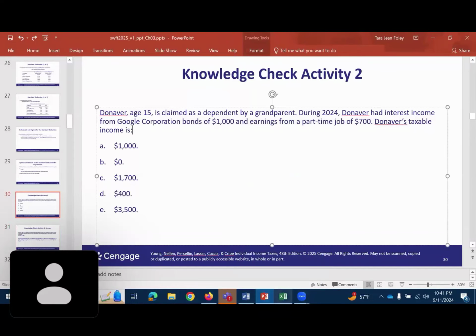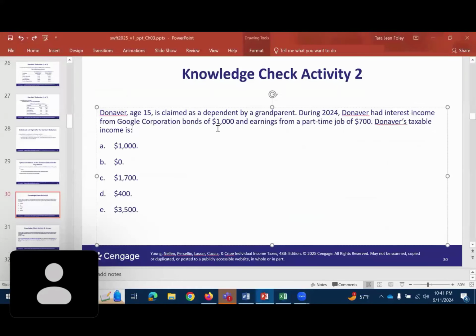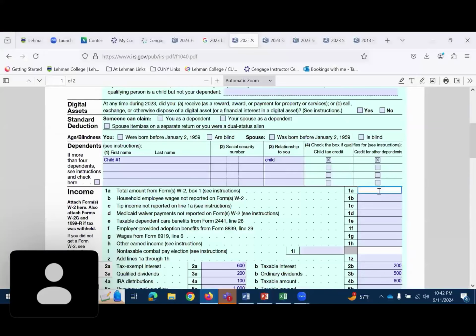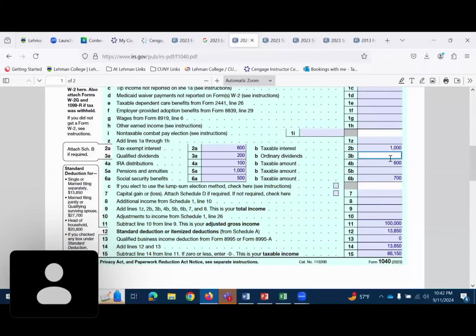$400, right? So let's do that again. He has earned income of $700 from a part-time job and $1,000 of interest. So that's the revenue, $1,700. His income is the $1,700.